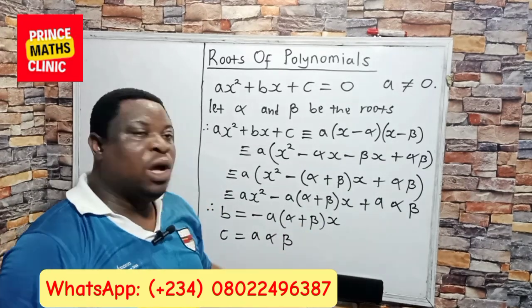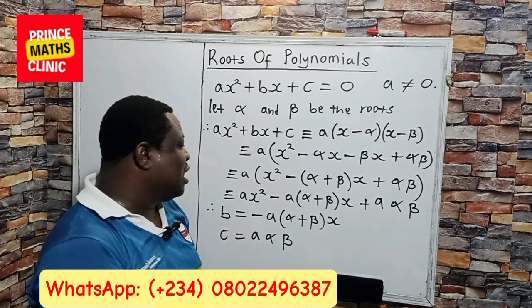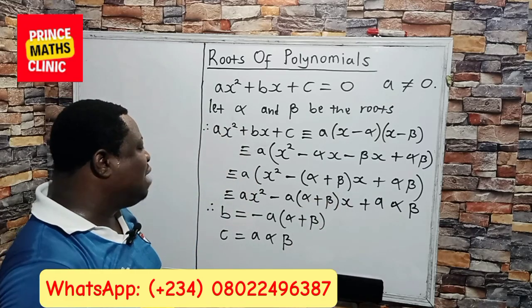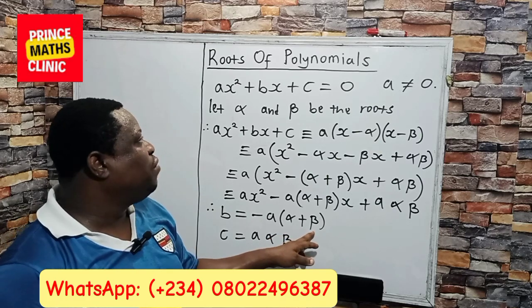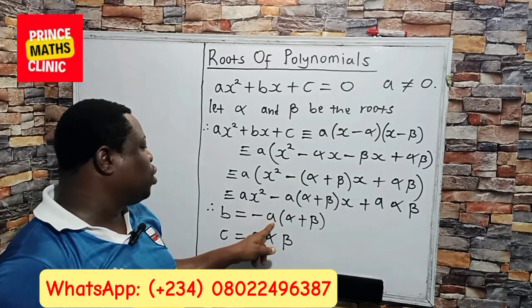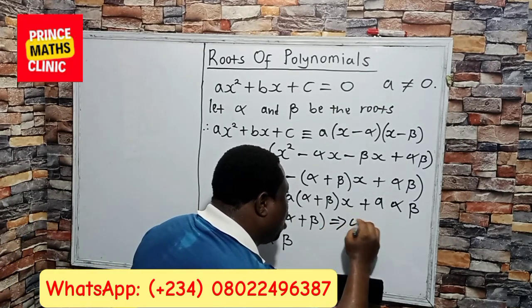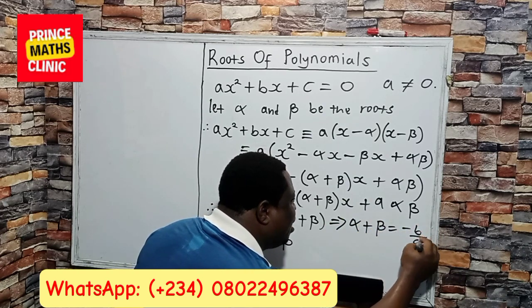So what can we deduce from this? If I divide both sides to get the sum of the roots, alpha plus beta is the sum of the roots. Remember we said alpha and beta are the roots. So if I divide both sides in this equation by negative a, the sum of the roots, which is alpha plus beta, will be negative b over a.